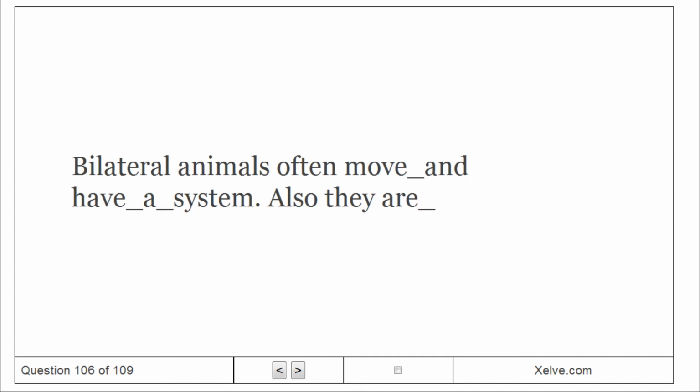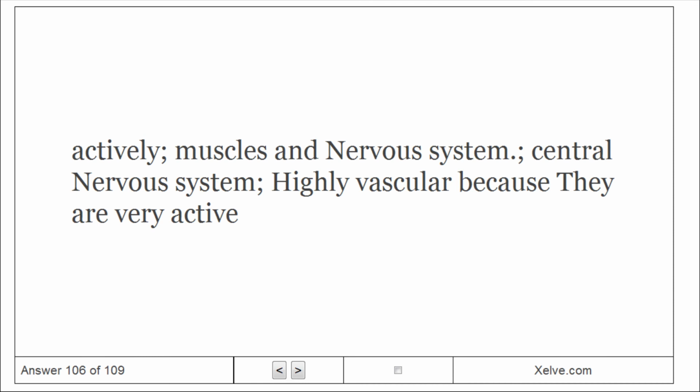Bilateral animals often move actively and have muscles and a nervous system, a central nervous system, and are highly vascular because they are very active.